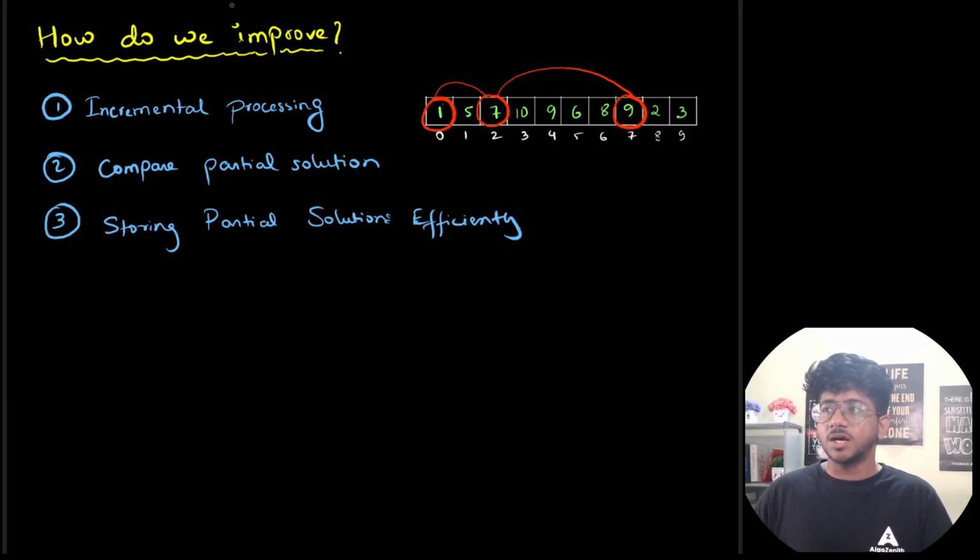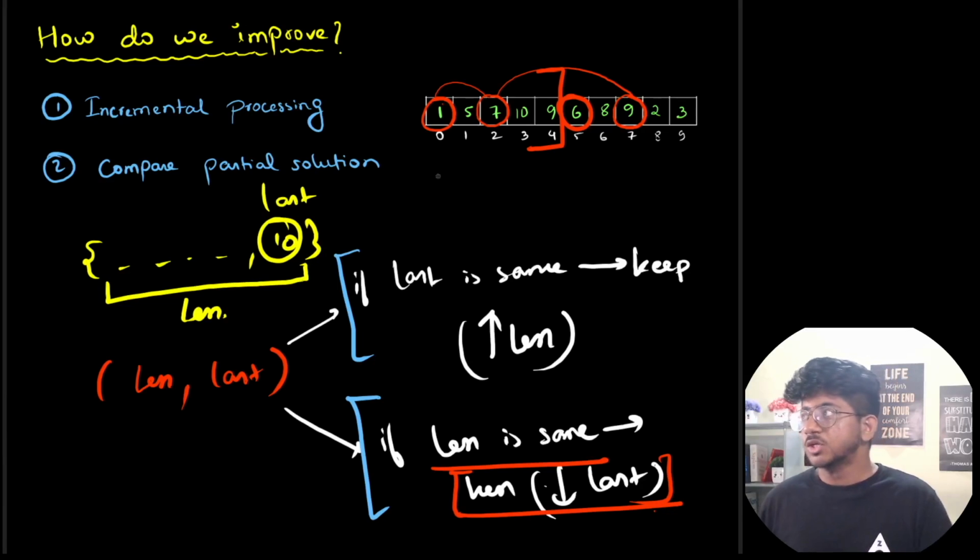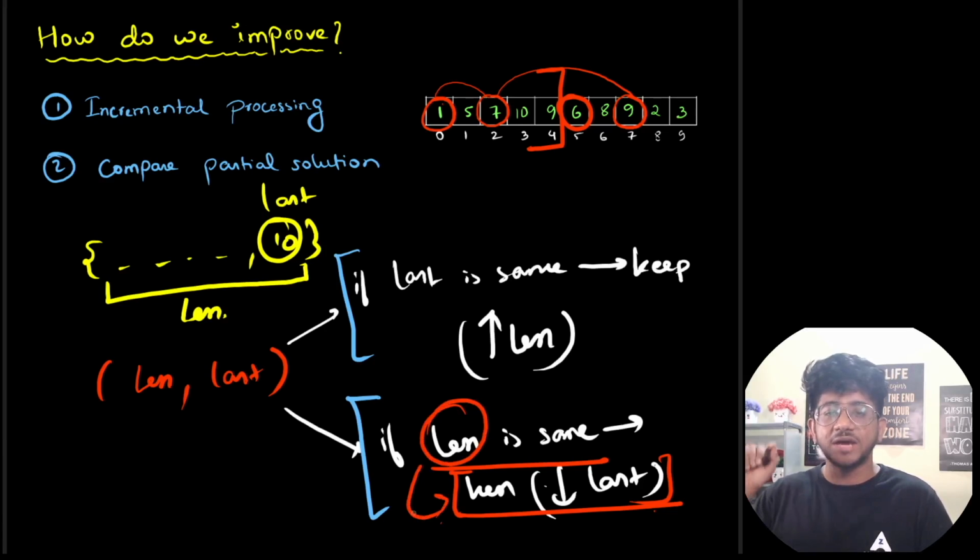Next is storing this partial solution very efficiently. How do we store this so that we can use it? So let's go back. Over here we deduced that if the length is the same, we keep the one with the lower last value. So at any point in time, for a given length we have only a single value.